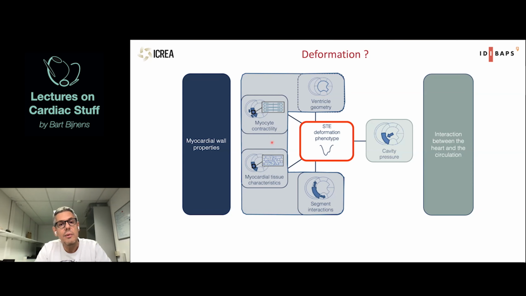And this is a thing that we haven't been talking about too much, because intrinsically you have a sarcomere mutation. So that means that it might be that you have an abnormal contractility. And that's a little bit the question, how much this plays a role.